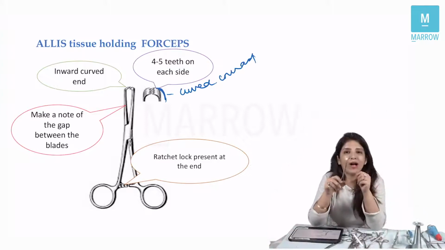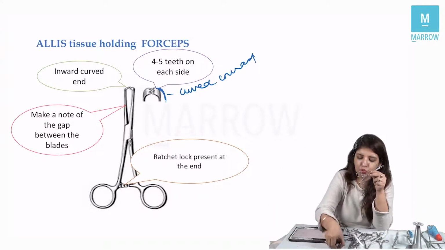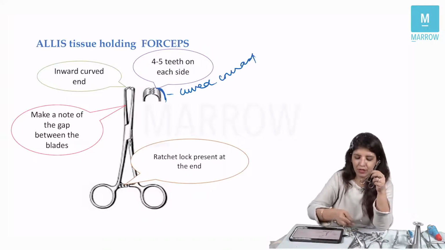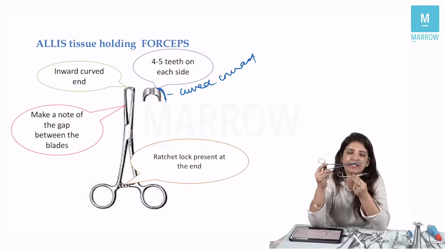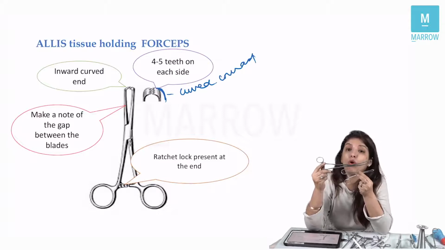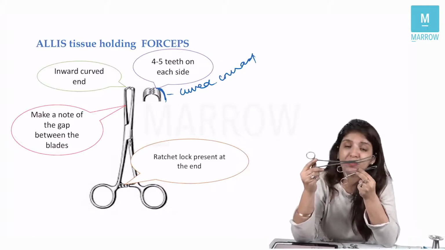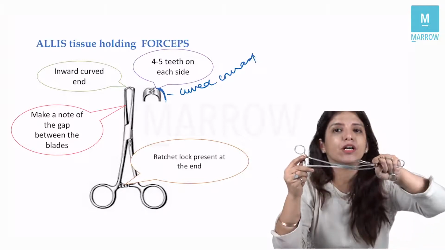Now, one more instrument which I pointed out where a gap is present was the valsellum. So I am keeping these two instruments side by side, and now look at them. When you look at them, you'll understand that there is a lot of difference between these two instruments. A valsellum usually will be longer than the Alice forceps. Number 2, a valsellum will have a curved end.